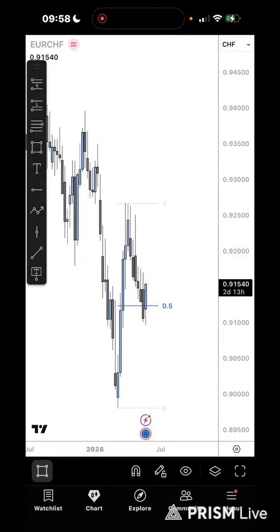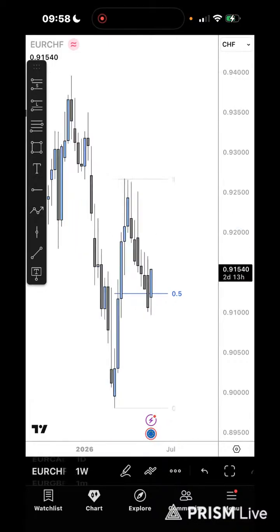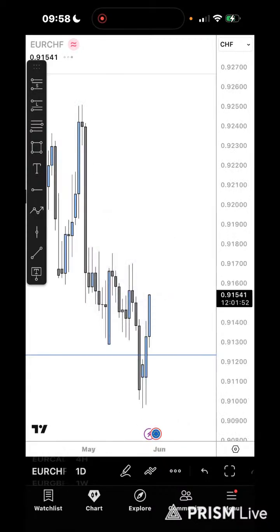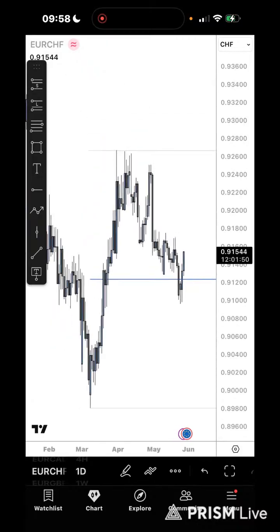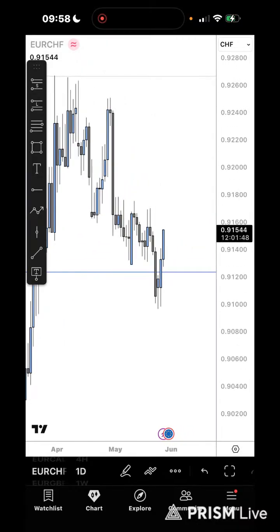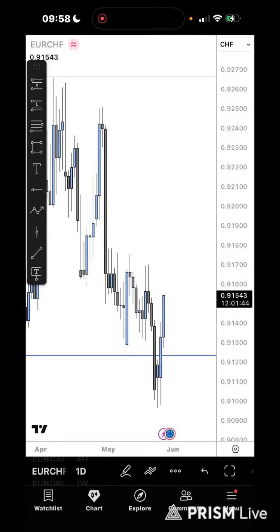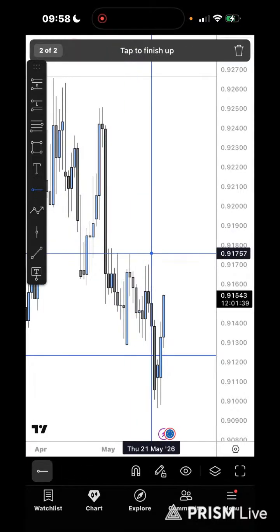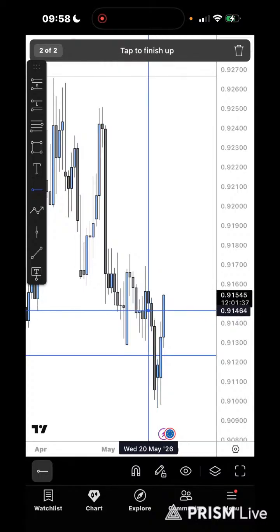We were bearish this whole time. It has been going down since. What's interesting, I actually would have been bearish on this if I was watching this because there is this fair value gap here on the daily time frame.